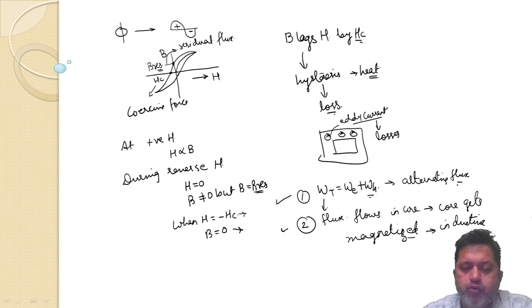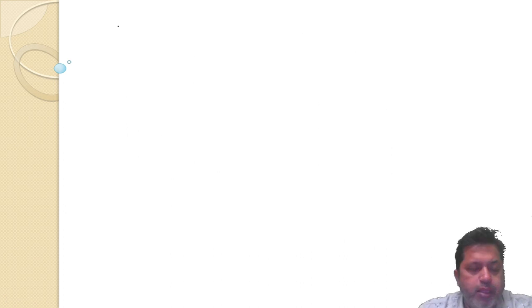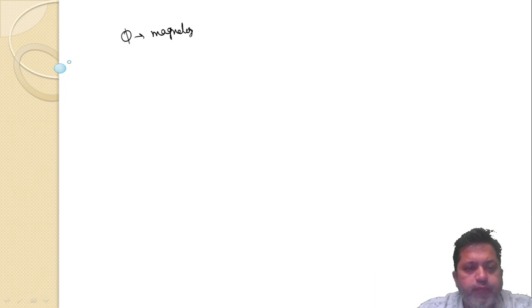First, to magnetize the circuit. Second, to produce core loss. Core losses are a byproduct. So flux will have a magnetization function, and it also produces losses.